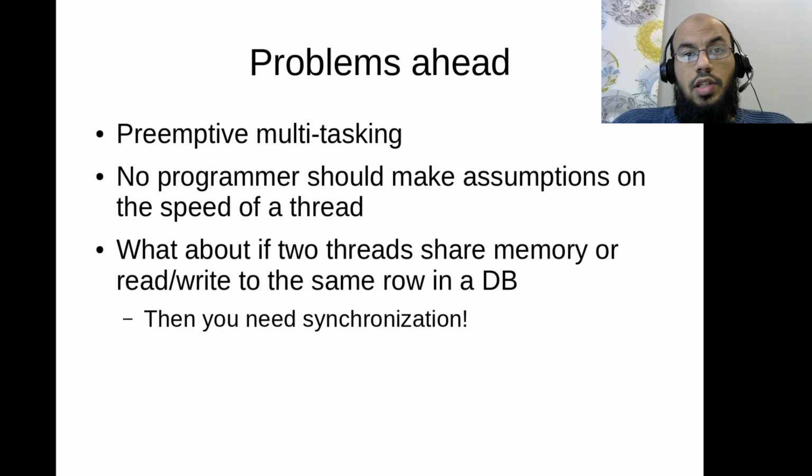As we said, you should never make assumptions on the speed of your thread, and you should also not make assumptions, if 2 threads share memory or some resource, about who writes first or reads first, unless you explicitly implement this in your program. We will talk quite a bit about synchronization, about things such as locks and semaphores, in the operating system and in concurrent programming.